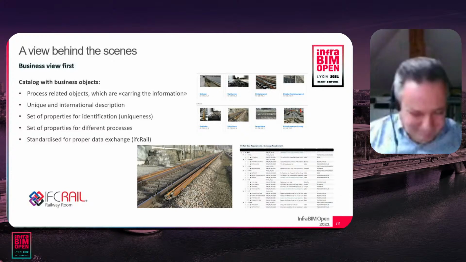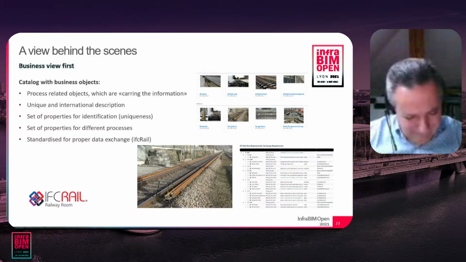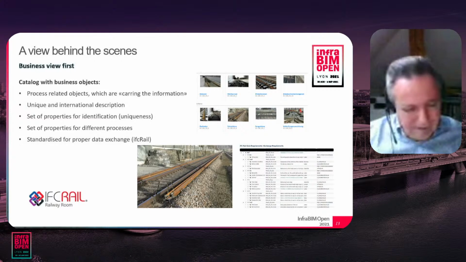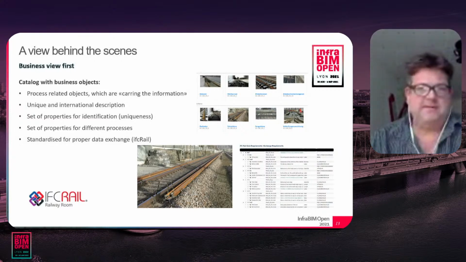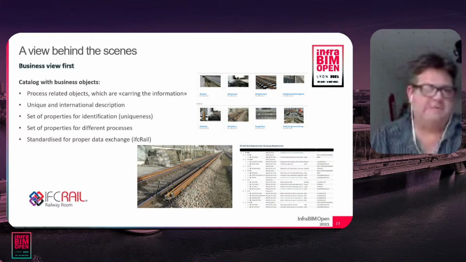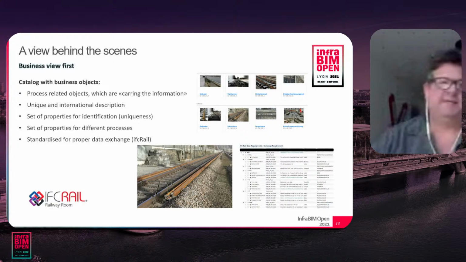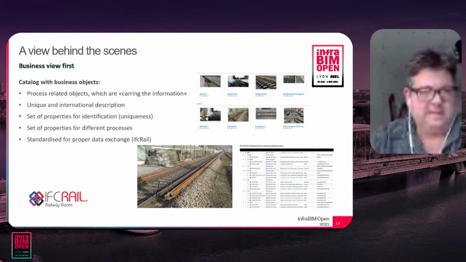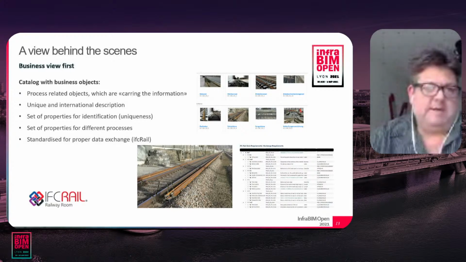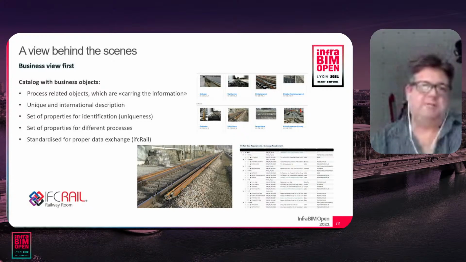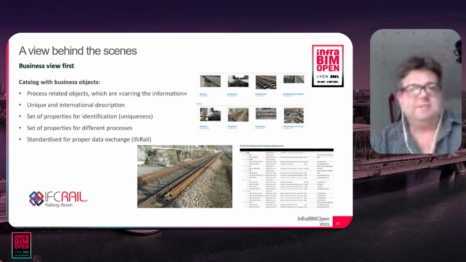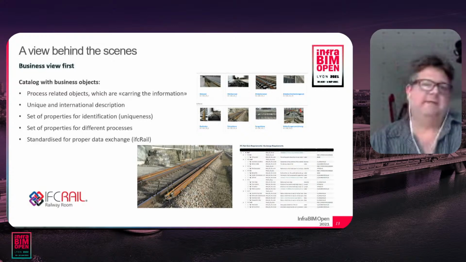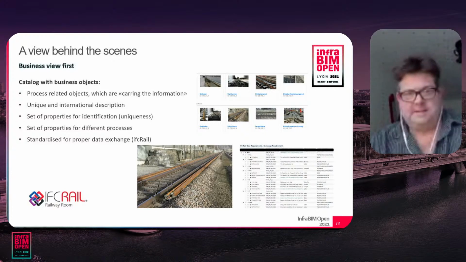Thank you, Claude. You mentioned it, business view first. So we are working with business objects in the rail system, physical objects. Every one of you knows some of them. At first there is a catalog with business objects to build and to prepare. They have process-related objects. Some objects are maybe needed only in one phase of the lifetime, and these objects carry the information about the specification and whatever.